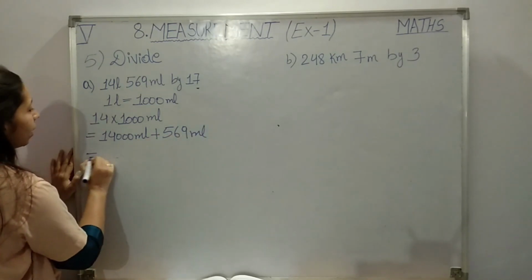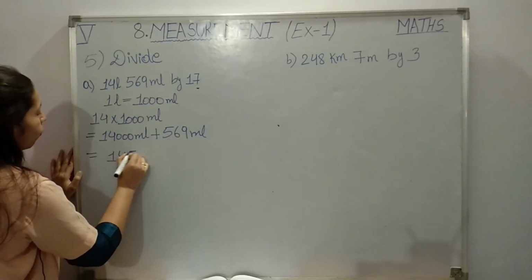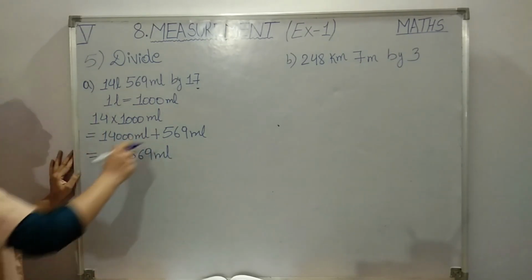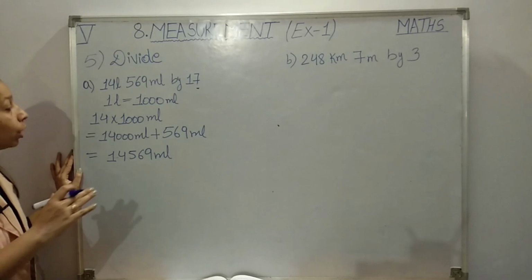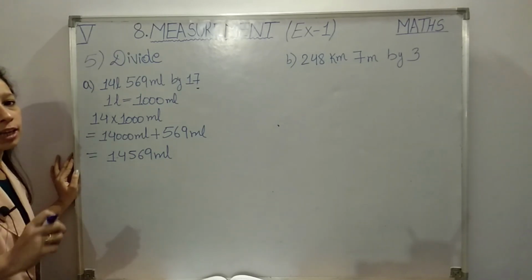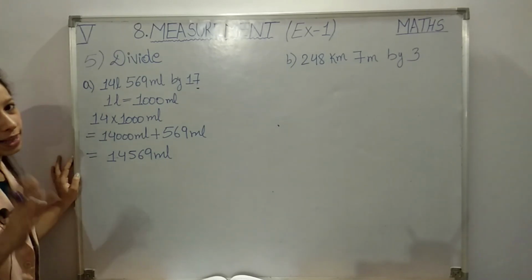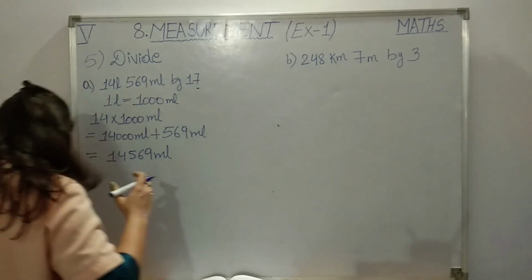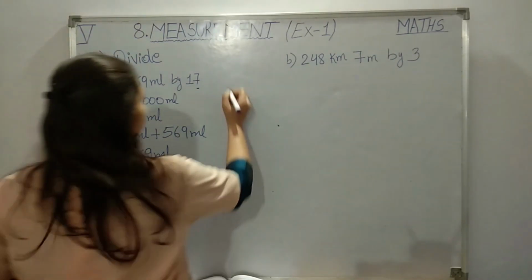So finally we will get 14569 milliliters. And now this number I am going to divide by 17. You can do it directly also, but I am telling you for division try to convert and solve. It will be easier. Okay, without any confusion you can solve it. So here I am solving it.